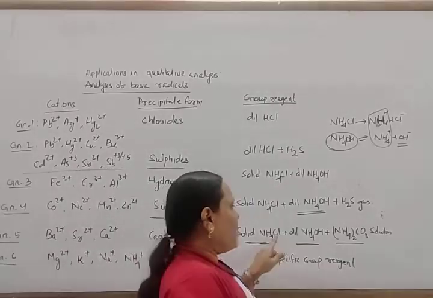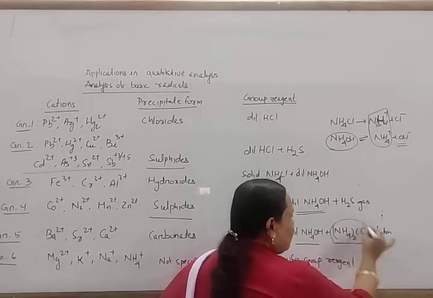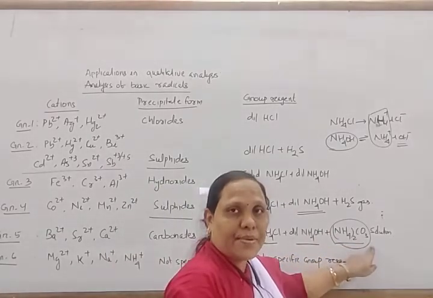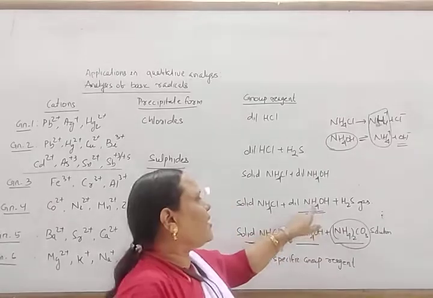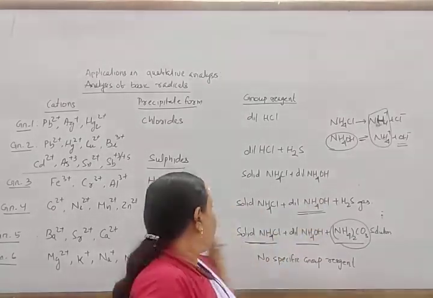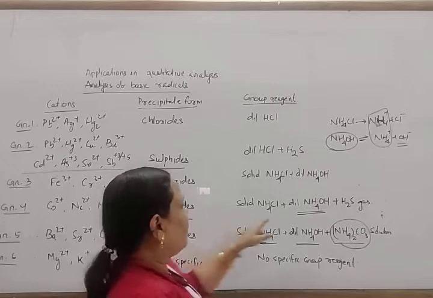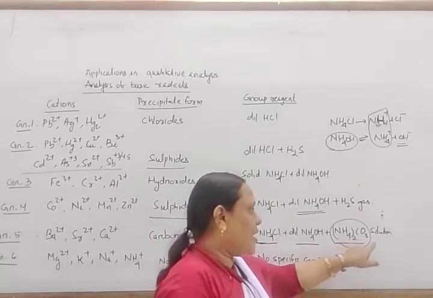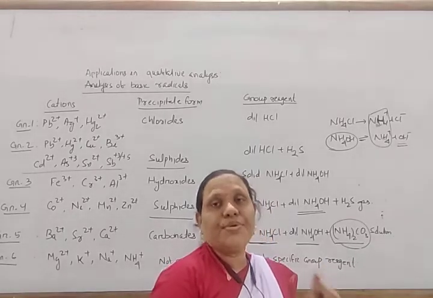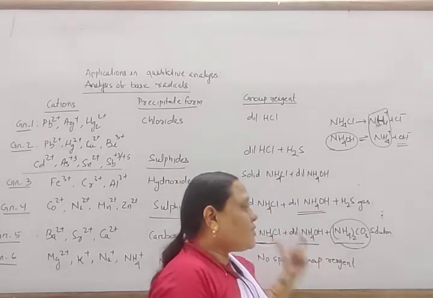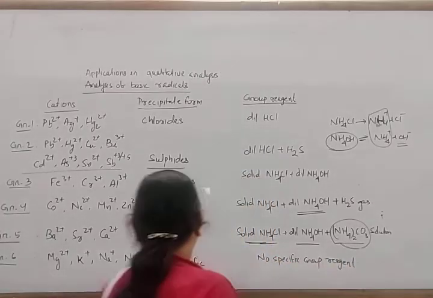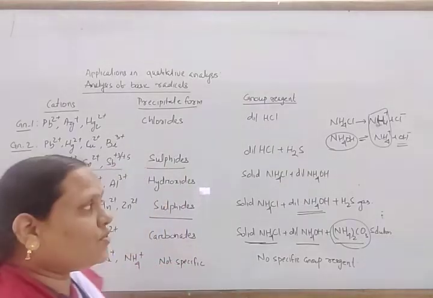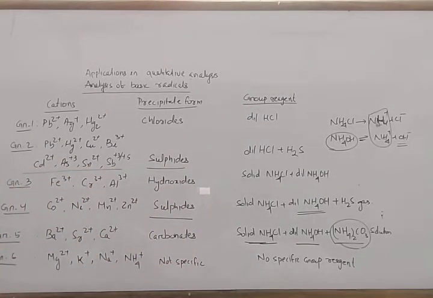Due to the presence of ammonium chloride, the dissociation of ammonium carbonate decreases, which gives a lower concentration of carbonate ion, like ammonium hydroxide in the case of group 3 radicals. This low amount of carbonate ion is sufficient to exceed the solubility product, and in this way these ions get precipitated as their carbonates. Okay, so first note this down, then write down some points.